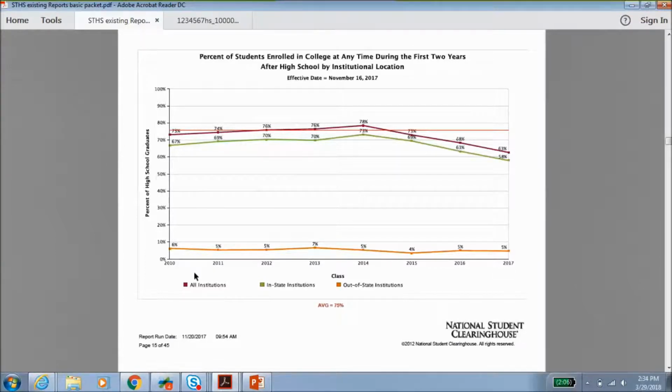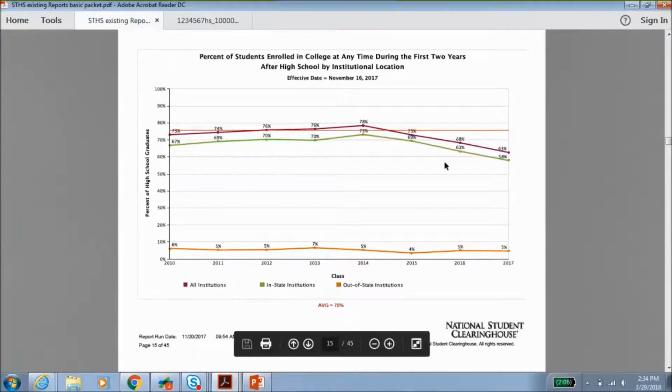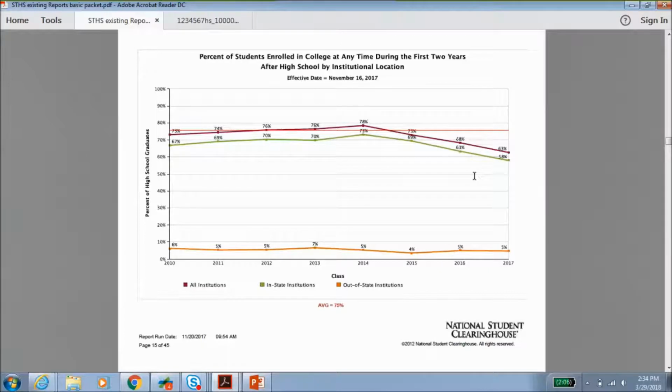So when we look at 2010, 11, 12, et cetera, they have some nice consistent rates, but then you'll see, like Rob said, down here they're dipping a little bit. And that's basically because 2 years have not yet passed for that academic class. So next year, when we run this report, you'll probably see the 2016 get a little higher, and then in 2 years, you'll see 17 get a little higher. So yeah, that was a good clarification, Rob, thanks.